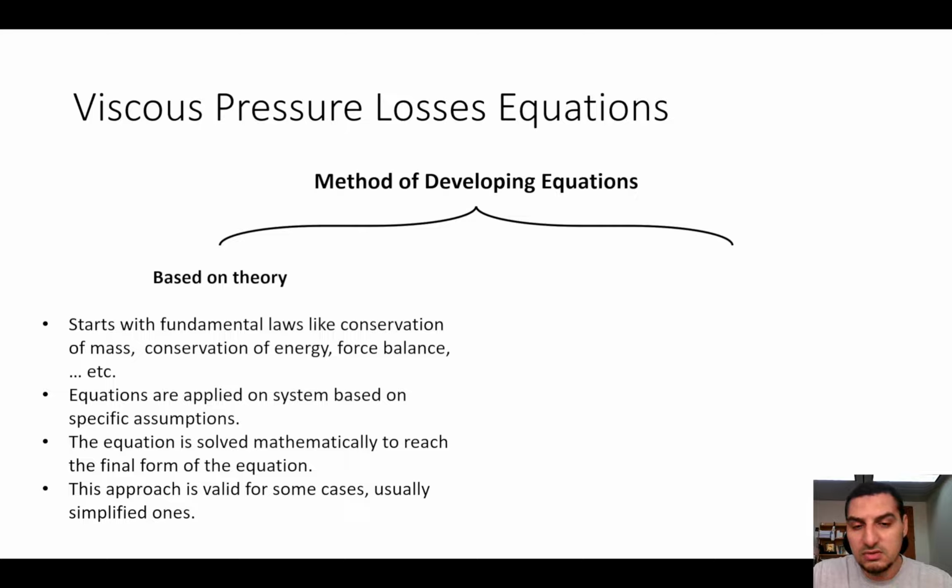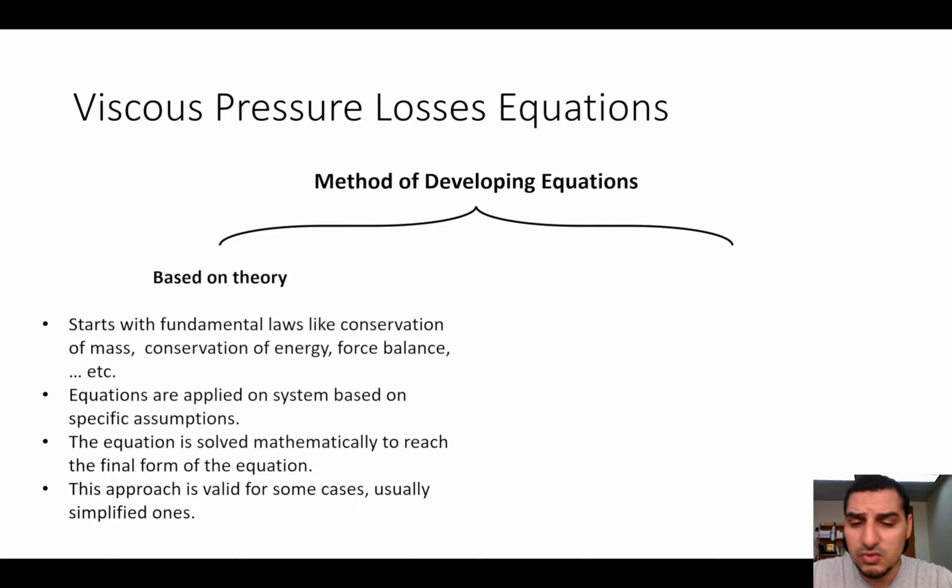For instance, from the assumptions, we can do integration. We can use the boundary conditions to find the final form of the equation. But at the end of the day, we will end up with an equation that fully describes the system based on the assumptions that we make in the beginning and the nature of the system that we are dealing with.